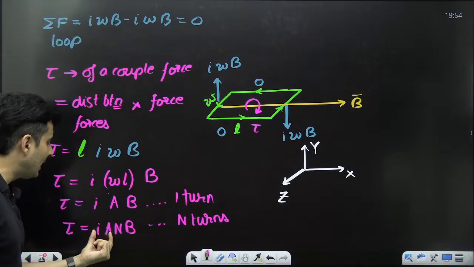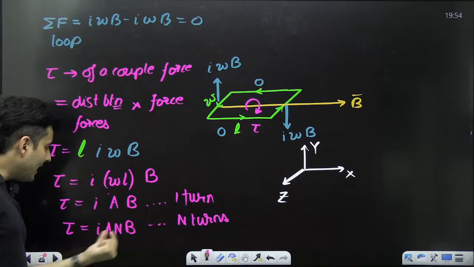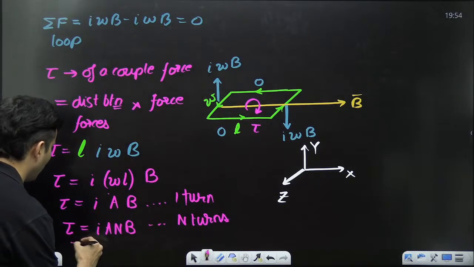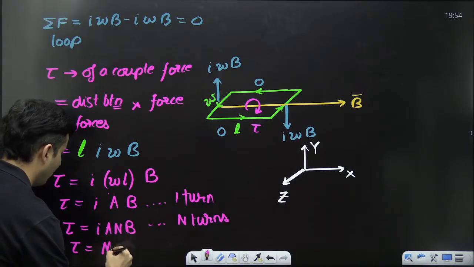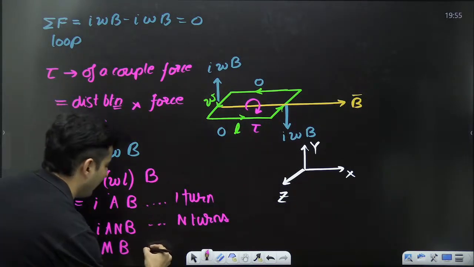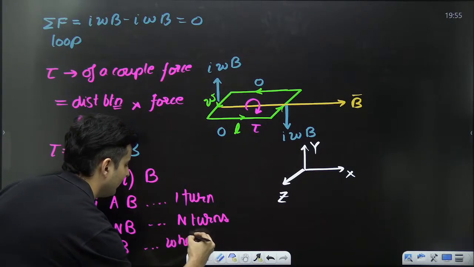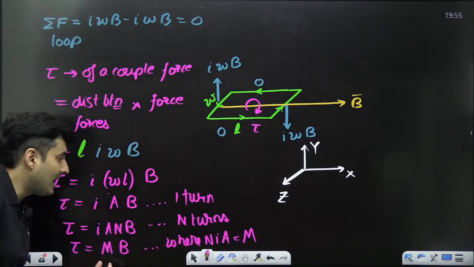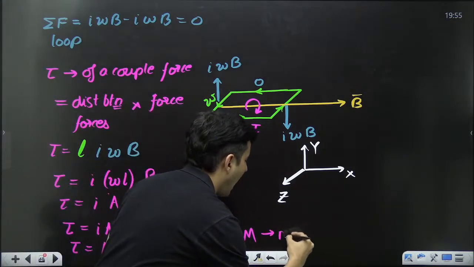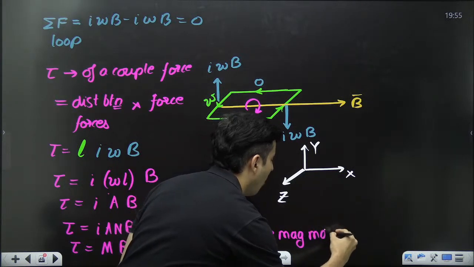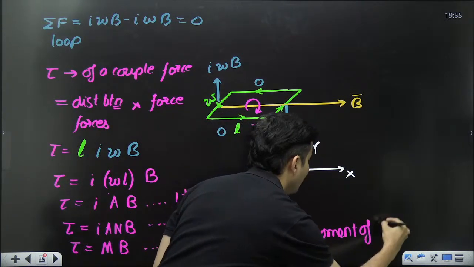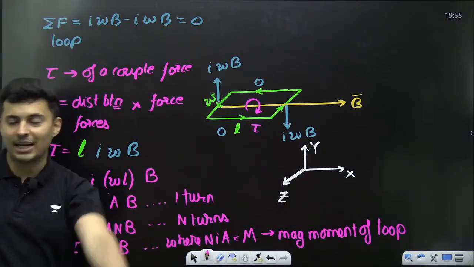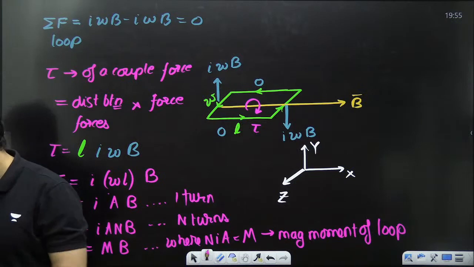But before that, let me tell you this IAN can be treated like one single quantity, and that one single quantity is nothing but M, where N into I into A is basically M. This M is basically called the magnetic moment of that particular loop. NIA.